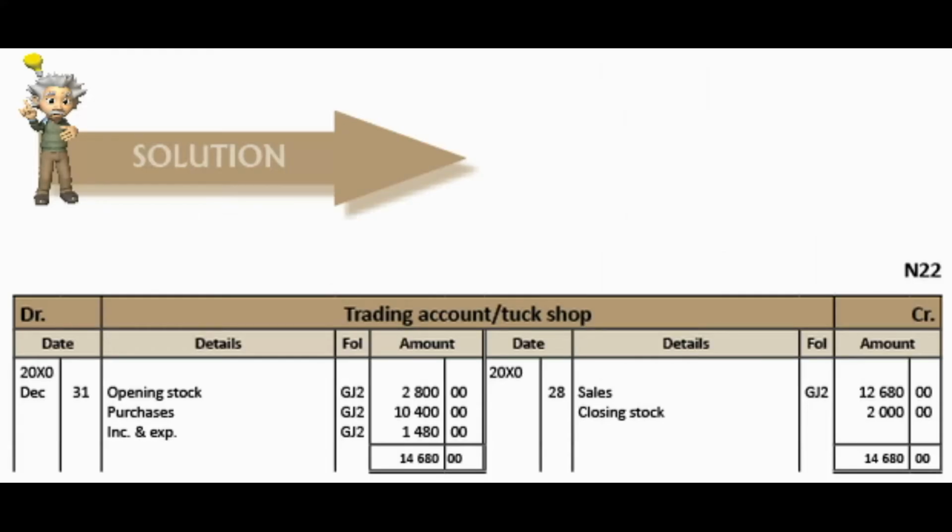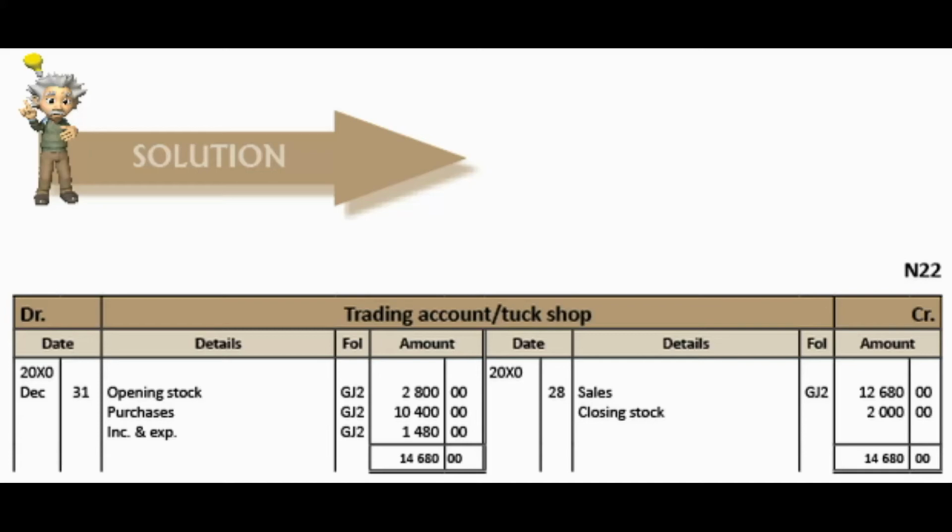Okay, so let's start with the trading account for the tuck shop. Think back of your periodic stock system and think, how have we done the entries when we've worked with the periodic stock system, when we don't work with the continuous stock system, where we don't have a cost of sales account. Remember, it's exactly the same principle.